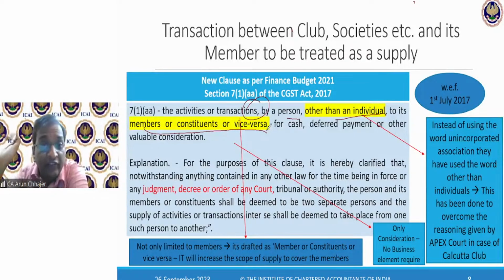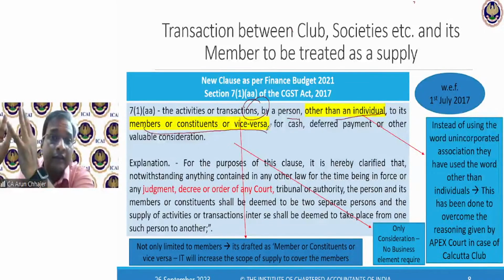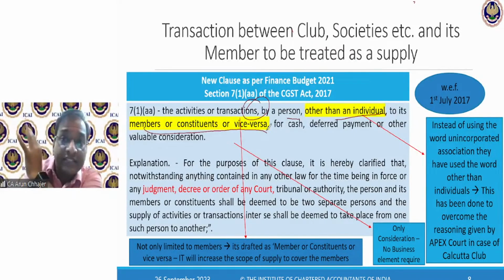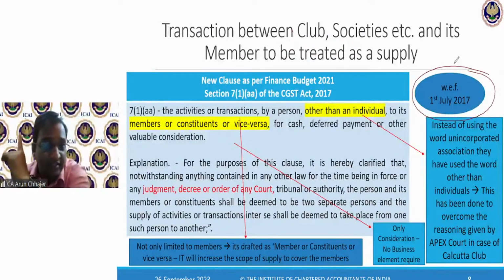They are saying if any person other than an individual, so a group of persons, any association, any club, making a supply to the member or vice versa, it will always be a supply. Please note one thing, it was inserted later on, but retrospectively inserted.